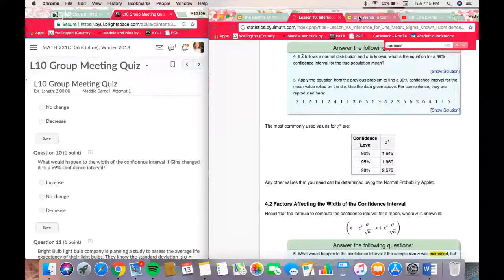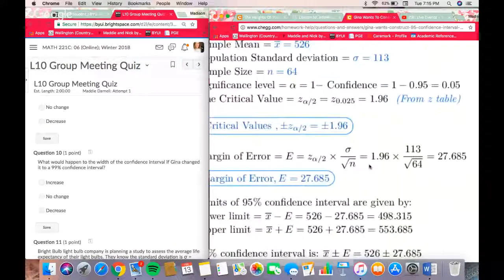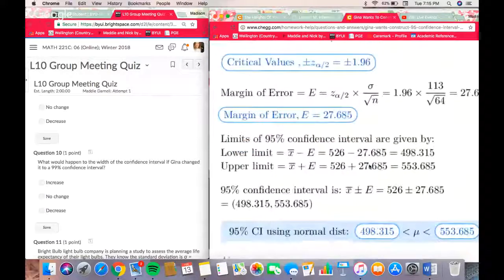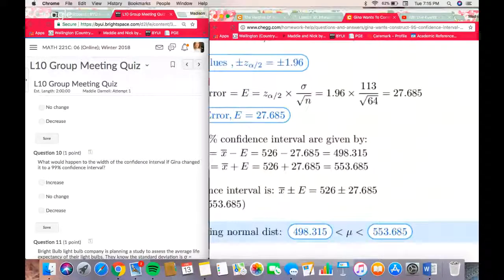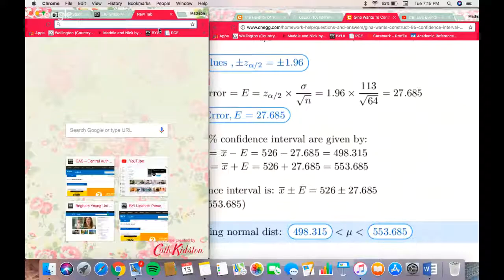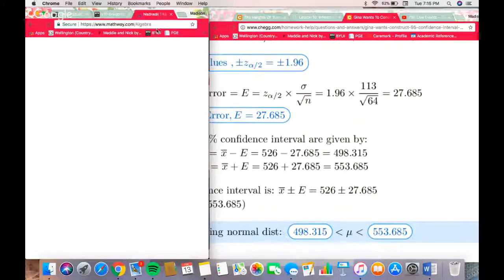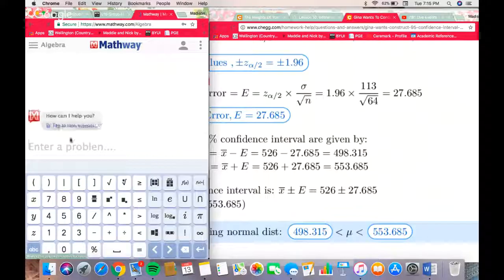So, we can look at the equation and we can solve it. It's not super hard. I'm going to go to Mathway. Gosh, I feel bad for people who didn't have internet and stuff like that. I know.